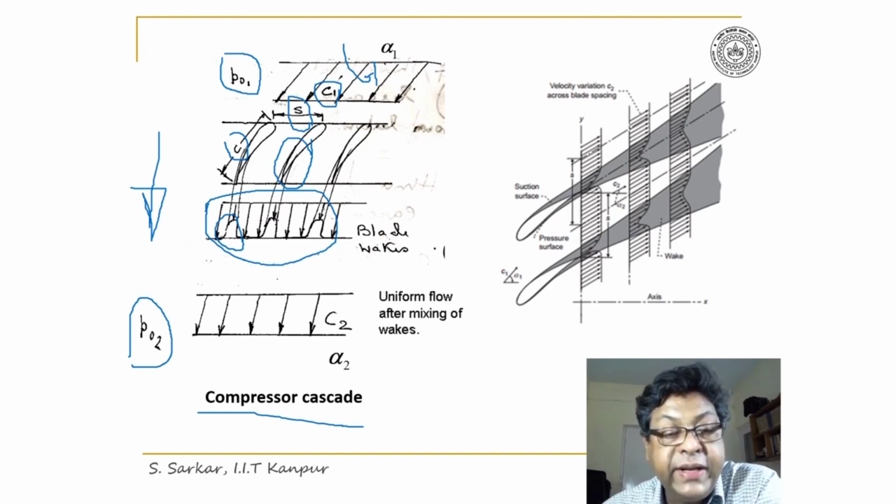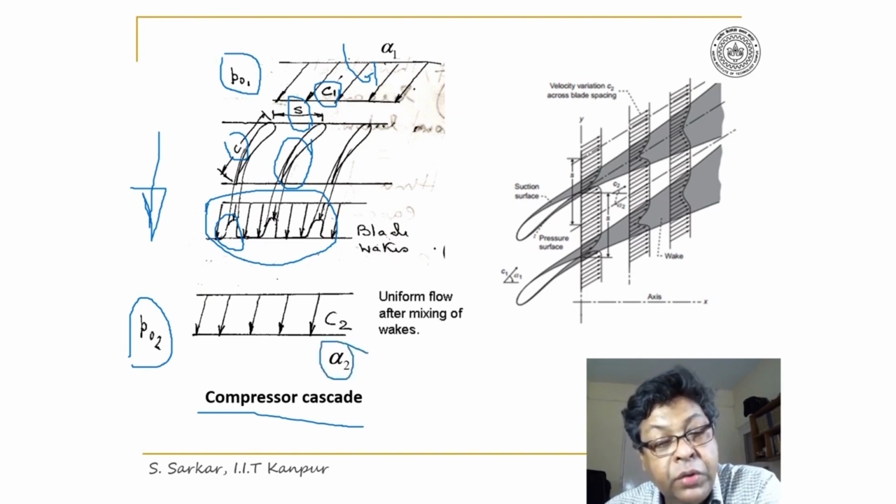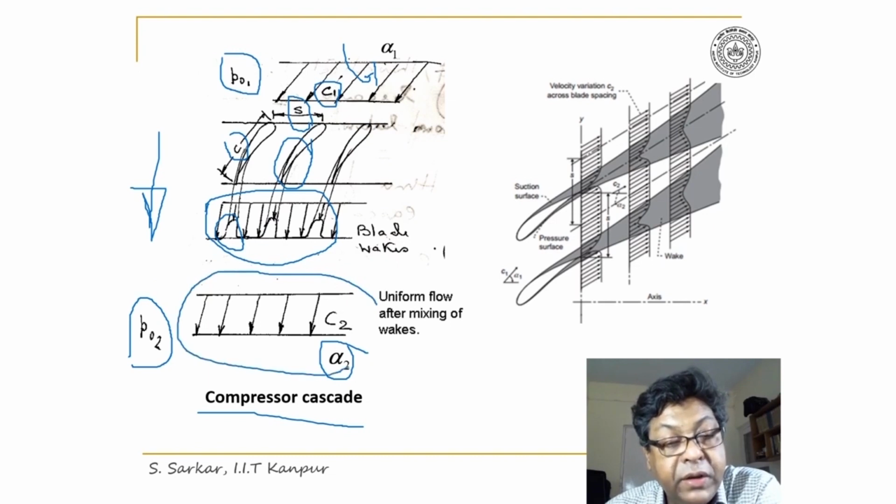Now, at a section far downstream, this wake will mix and we may get a section where the flow will be uniform, again having a velocity C2, where C2 is less than C1, being a compressor, and alpha 2 will be less than alpha 1, at a section which is far downstream where the flow again becomes uniform, right?